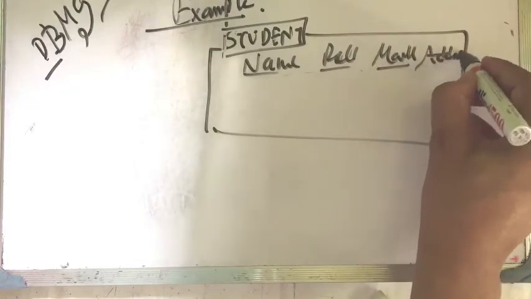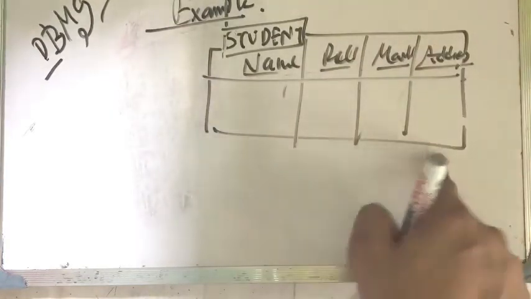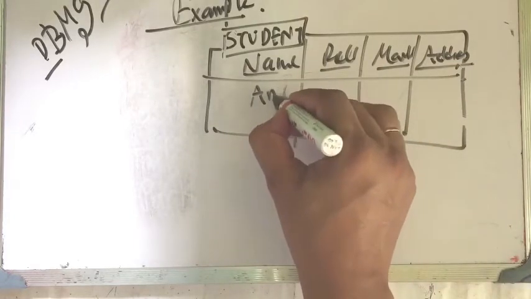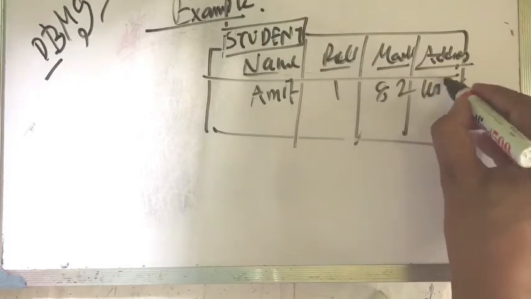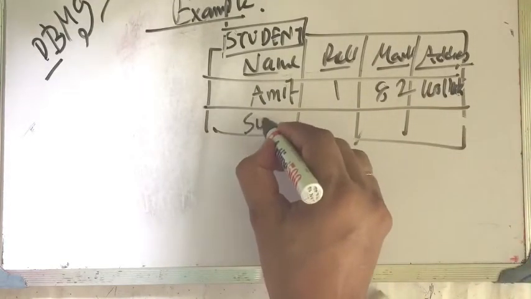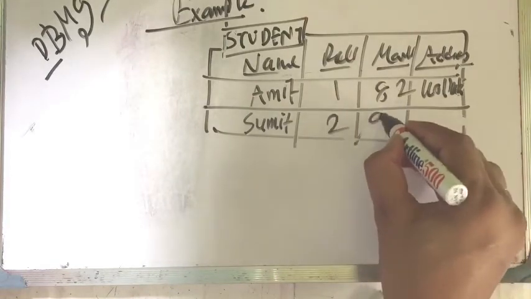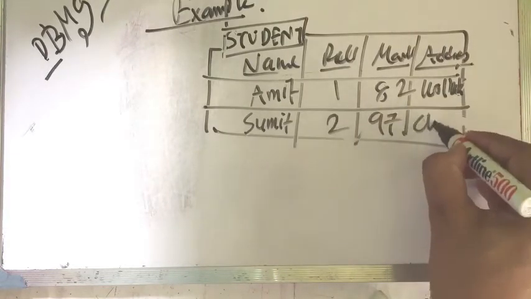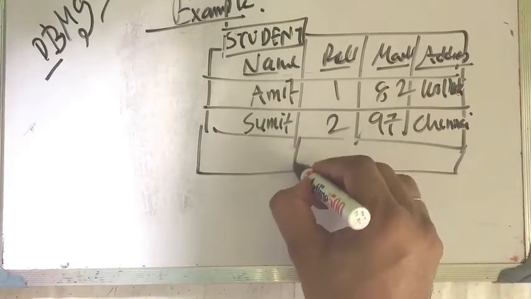The tuples are: Amit, roll 1, marks 82, address Kolkata. Sumit, roll 2, marks 97, Chennai.